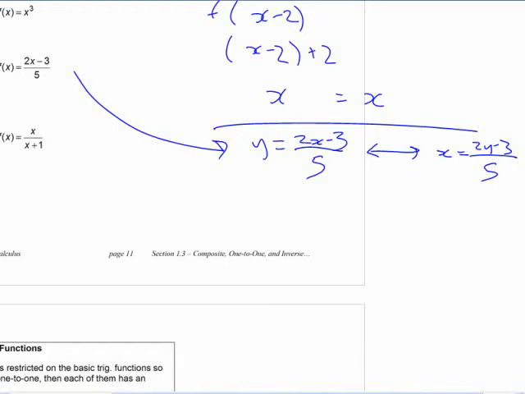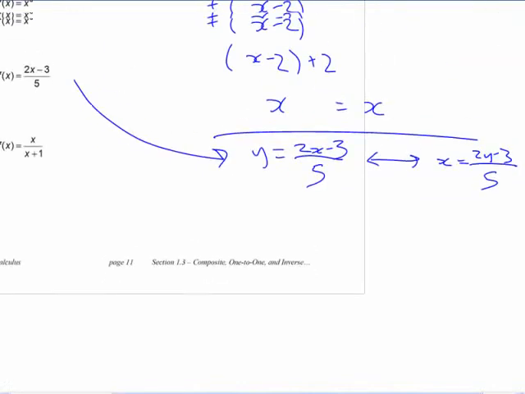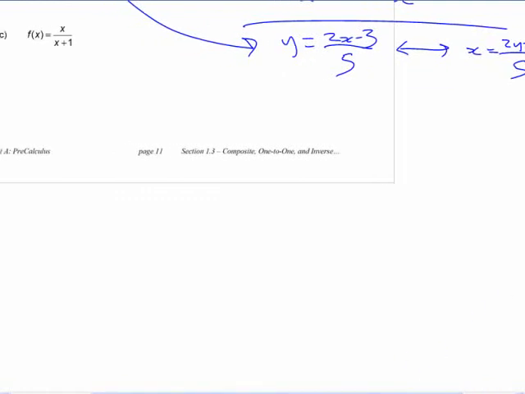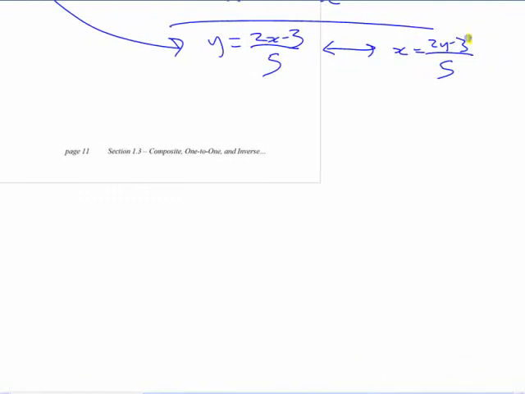Okay, so try that and then confirm. You hopefully successfully found the inverse there. Switching it around and then isolating the y. That's how you're going to find it. So if you switch it around and then just proceed to isolate the y. So you have 5x is equal to 2y minus 3.